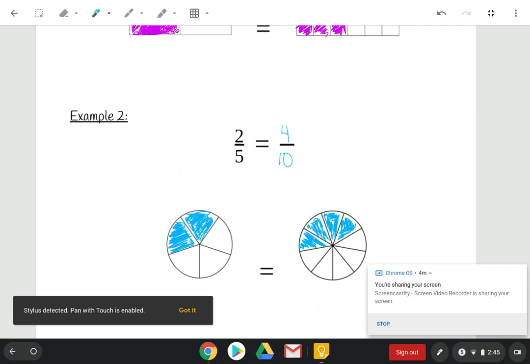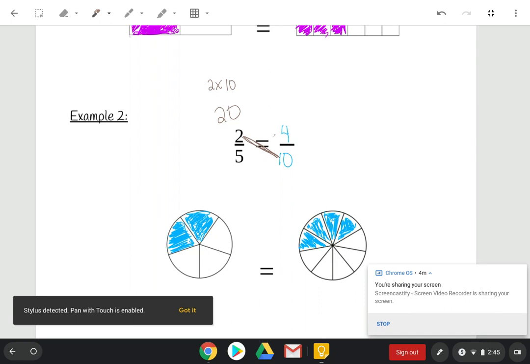Therefore, we know that the fraction or the ratio 2/5 is equivalent to 4/10. Well, let's try that cross product thing again. So I'm going to draw my arm of my cross going from the 2 to the 10. And the question is, what is 2 times 10? 2 times 10 is 20, right?